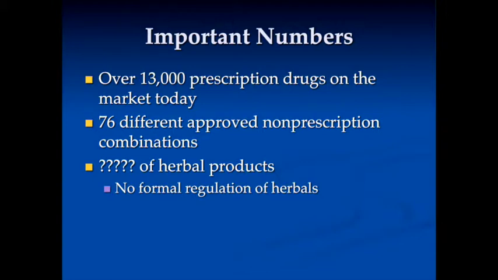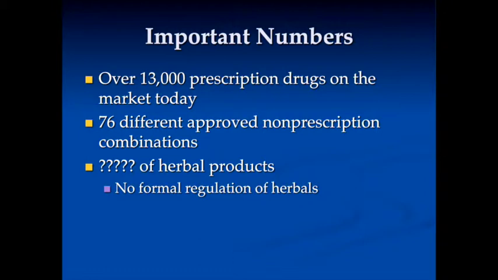So to give you some ballpark numbers, and again, to focus on why I don't think that you need to memorize a lot of this information, there are more than 13,000 prescription drugs on the market today. My job is to learn about prescription drugs, and I can tell you I cannot list the 13,000 drugs that are on the market today. That's called reference material, and we all use it. There are more than 76 different approved non-prescription combinations, and that's not standalone.